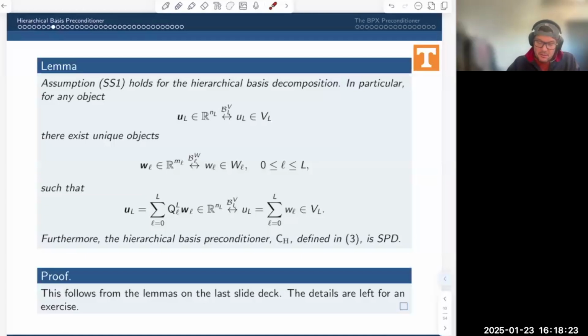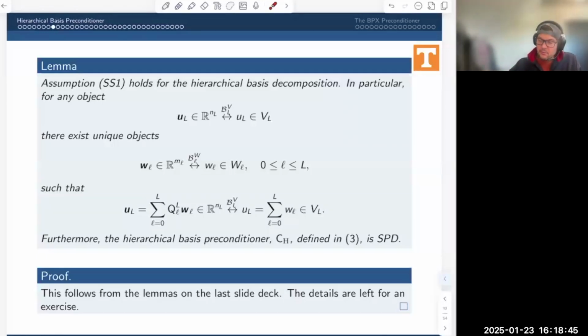All right, so assumption SS1 does hold for the hierarchical basis decomposition. In other words, the Q matrices that we've established through a hierarchical basis satisfy SS1.